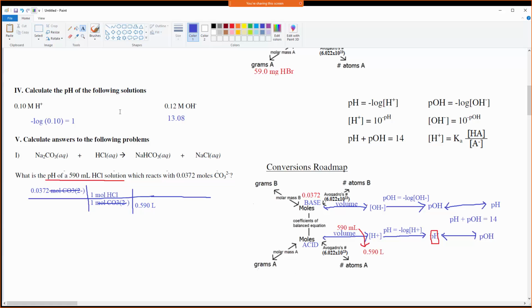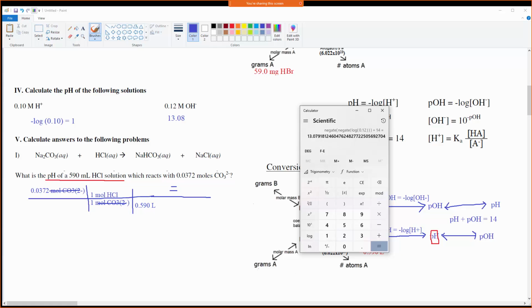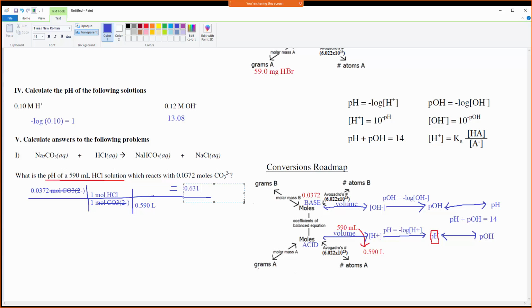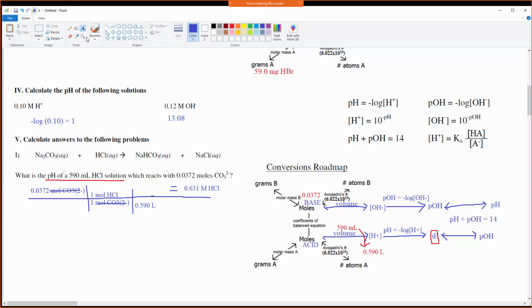Okay, now what? I'm going to stop. I'm going to get off my dimensional analysis chain here because now I need to jump into a formula. I'm just going to move fluidly between our formulas and our dimensional analysis. Okay, gives me 0.631 moles per liter. Okay. Oh wait, there's a 0 there, isn't there?